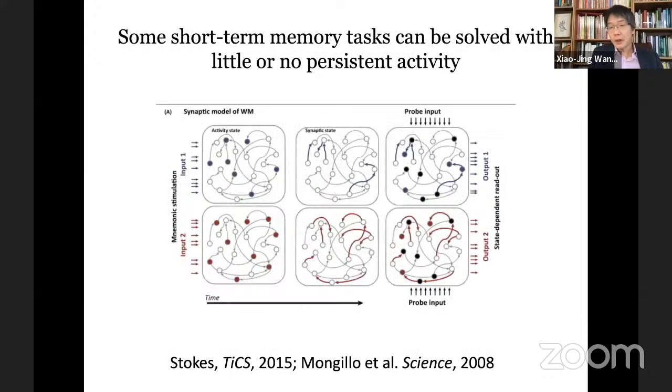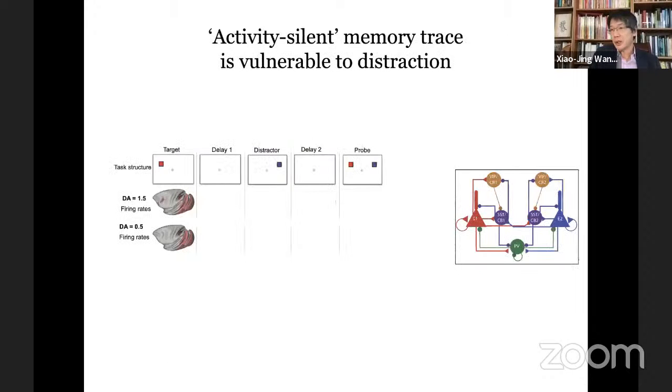Now, there is an interesting debate recently about whether a certain form of short-term memory trace can be realized without persistent activity. And that can be in a hidden state, for example, by virtue of short-term plasticity of synapses. We incorporated short-term plasticity into this large-scale system, and we found that indeed, sometimes in this case, you can encode a particular stimulus in red, for example, in the form of synapses, and you don't see persistent activity during the delay period.